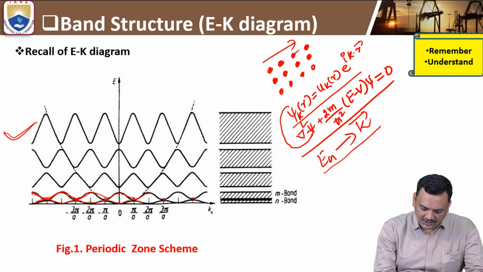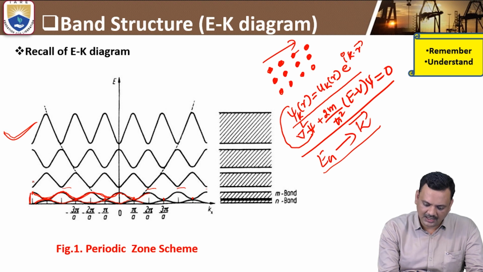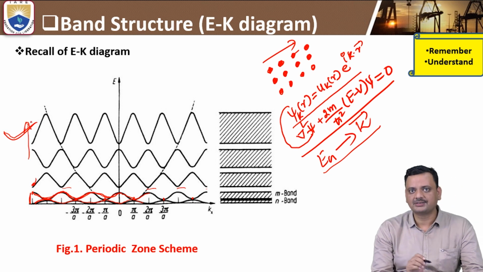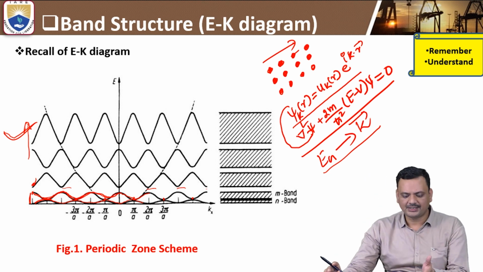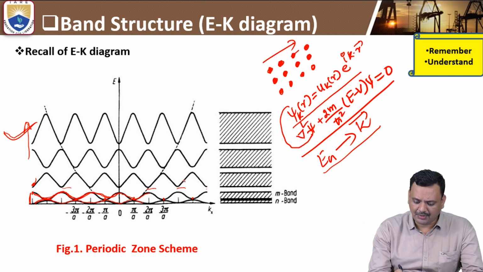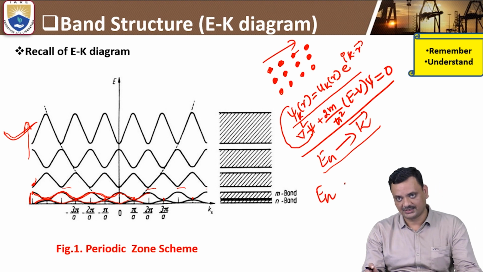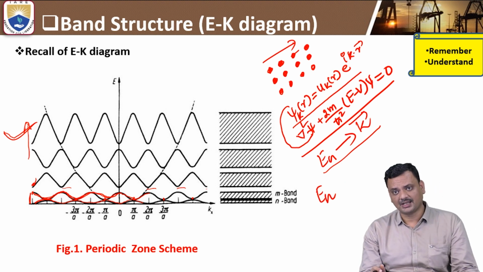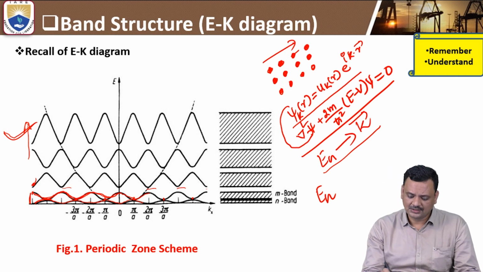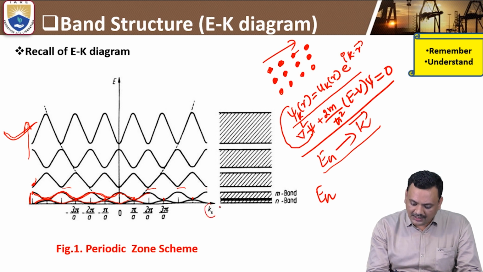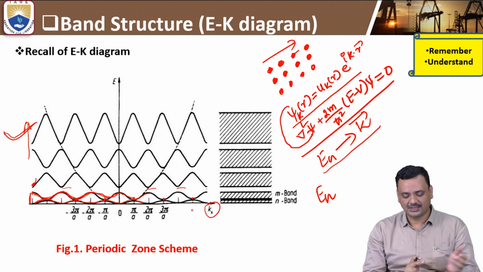Above this level, we can clearly see there is some gap, so up to this level there is a valence band, and from this level onwards, in higher energy states, it is a conduction band. This is the simple plot of your energy eigenstates, which shows periodicity in nature, and that periodicity occurs through the wave vector K. That is the first thing.